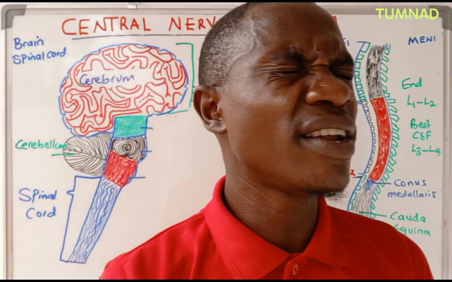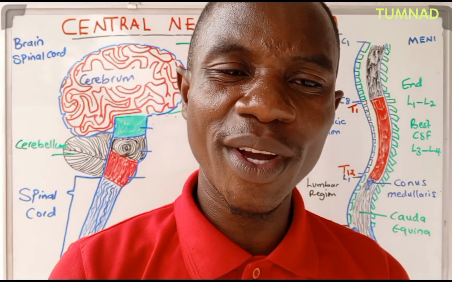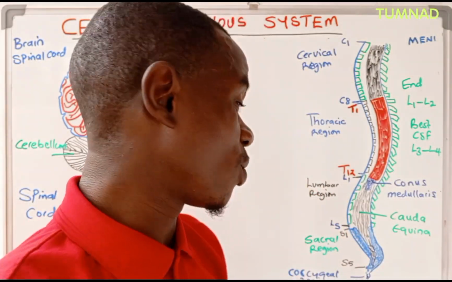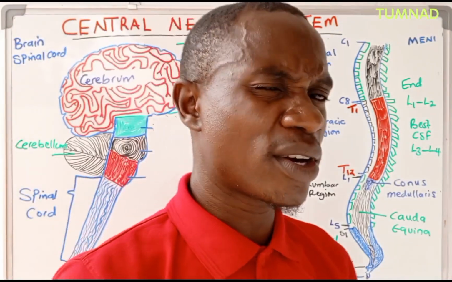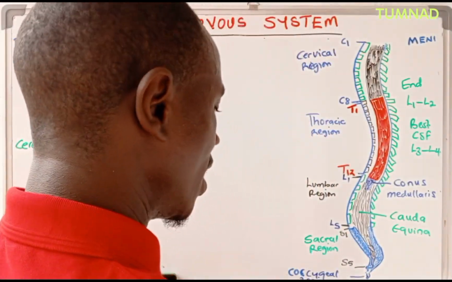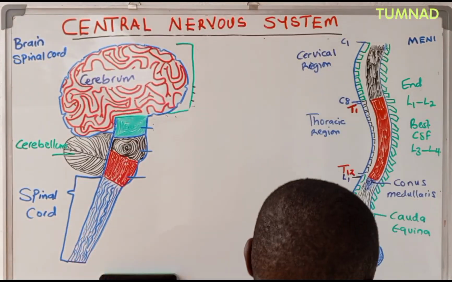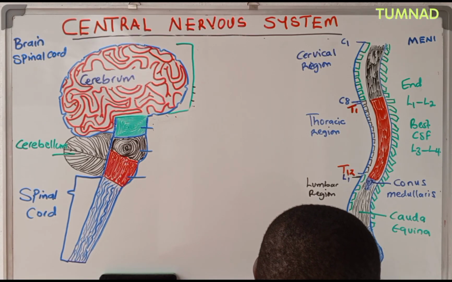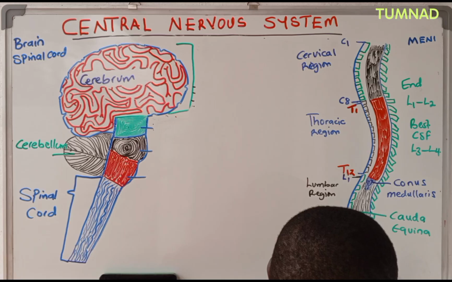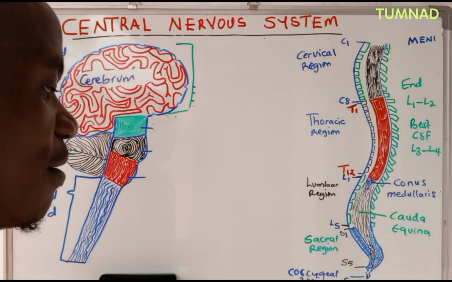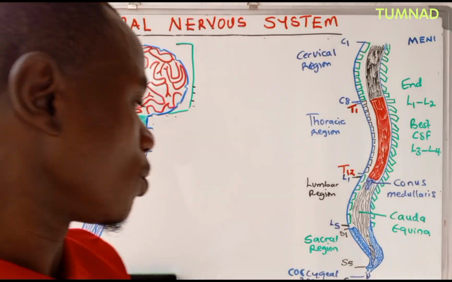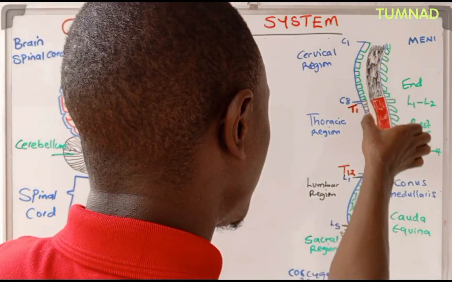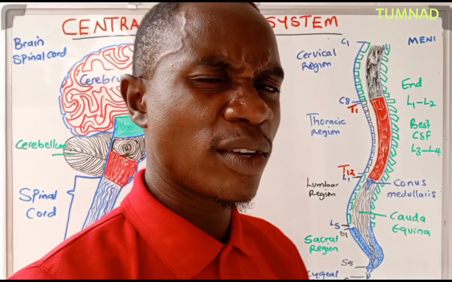This one is very unique in that we only have a single pair of spinal nerves coming from the coccygeal region. Okay, so here we are going to have only one spinal nerve coming off the coccygeal region.